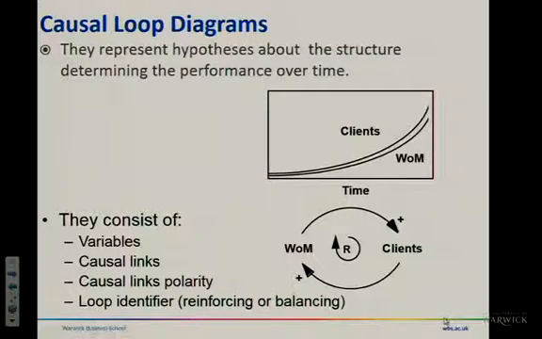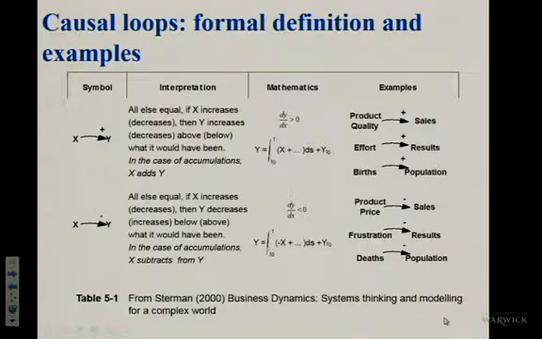A balancing feedback process is the situation when the system tends to be stable once a change in the system occurs. So, as I mentioned before, the positive relationship, if you want to translate it into more specific mathematical notation, we are assuming that the first derivative is a positive derivative.